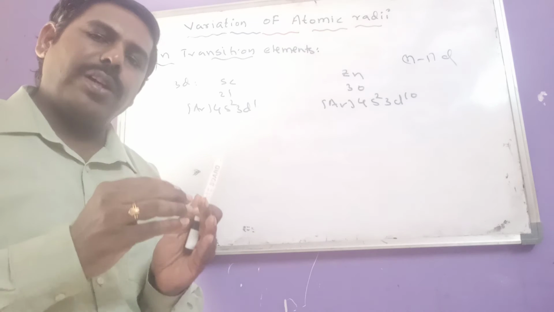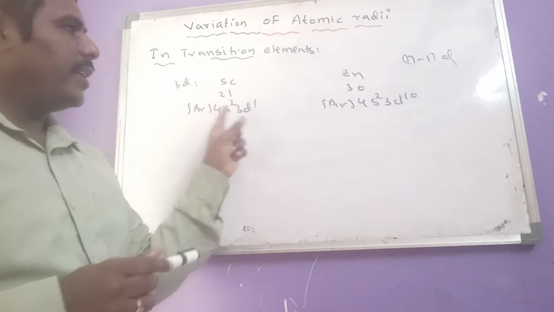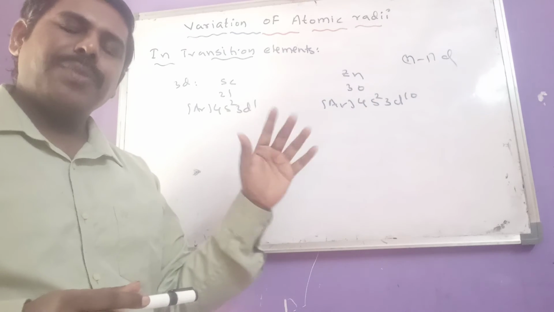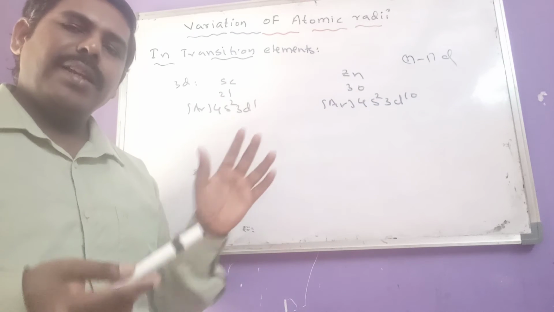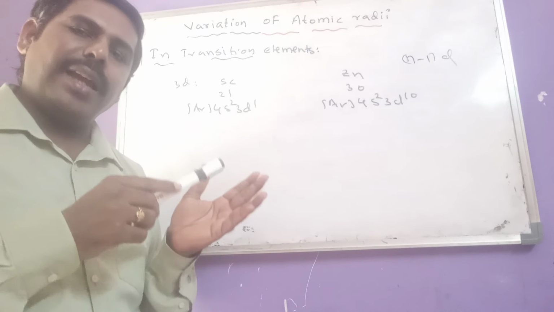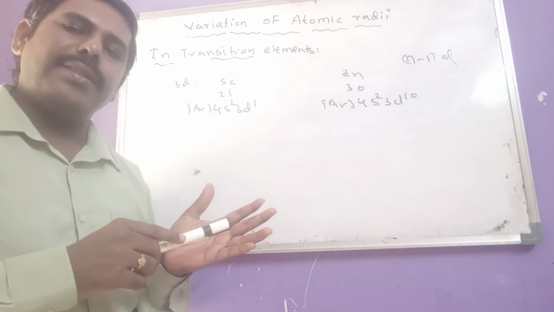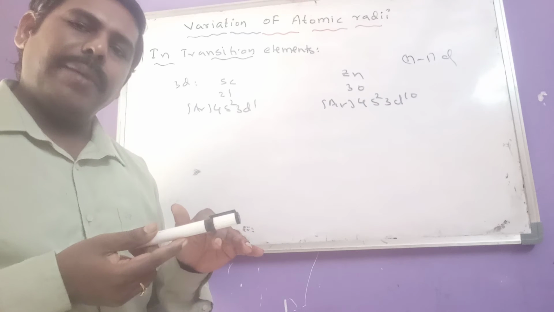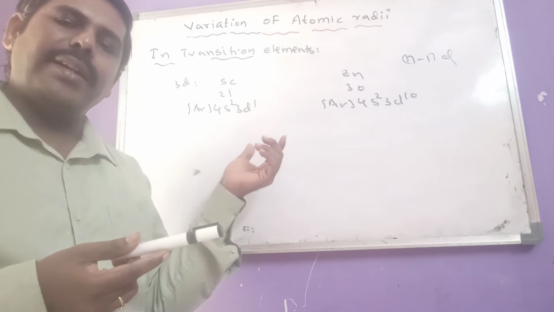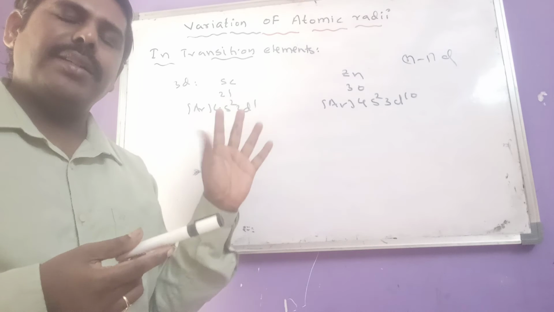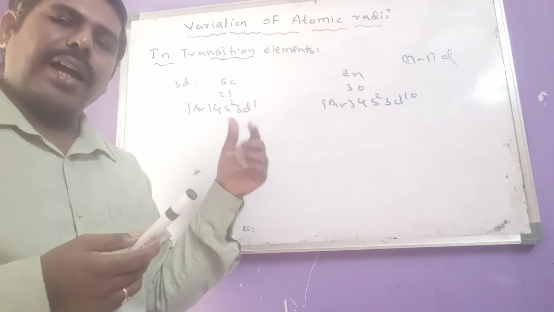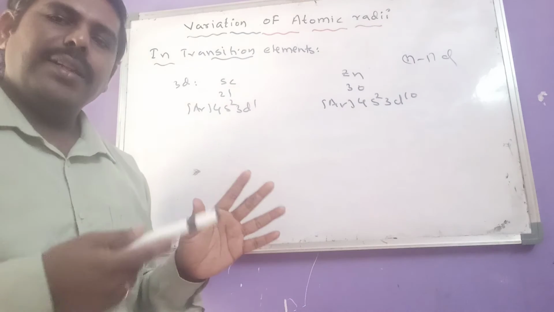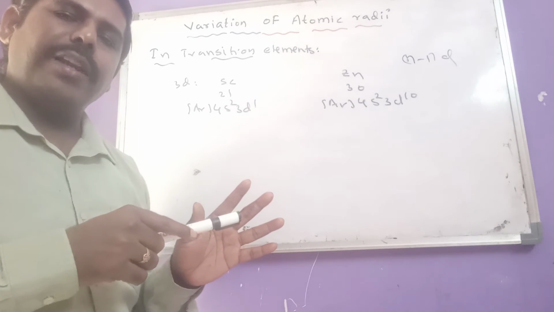But here our question is whether this decrease in atomic radius from left to right in transition elements is the same as in representative elements, or greater, or slighter. That means we have to see whether the decrease in atomic size is greater than that observed in representative elements.